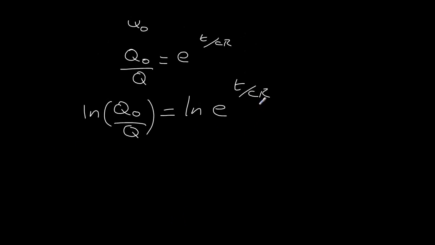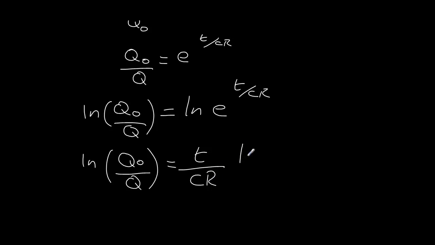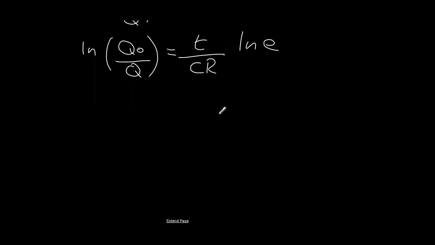Right, from the rules of logarithms, if we've got an exponent here, then that's the same as just writing out the log, but multiplying it by that exponent. So that gives me t over CR, natural logarithm of e.